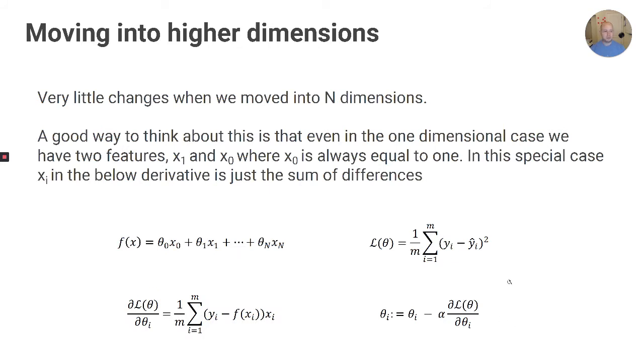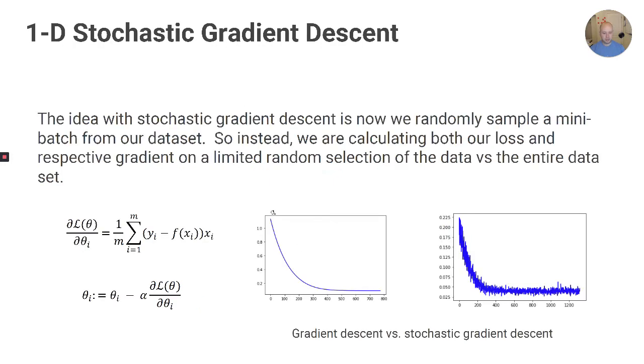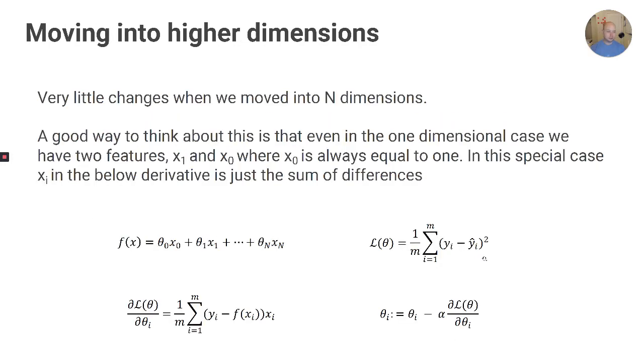So let's move this into higher dimensions. Up until now, we've been talking about just a one-dimensional signal. So what about two? The answer is that it's quite simple. The only thing we need to do to add more dimensions is to add more of these values into our f of x. As we showed here, previously we were only doing the theta parameter update for two parameters.